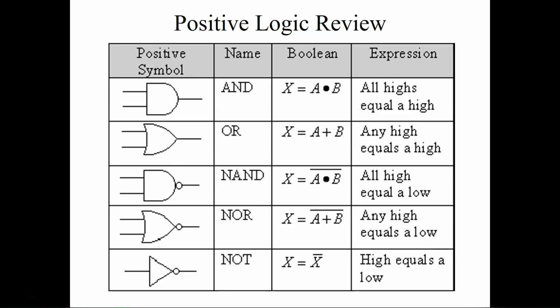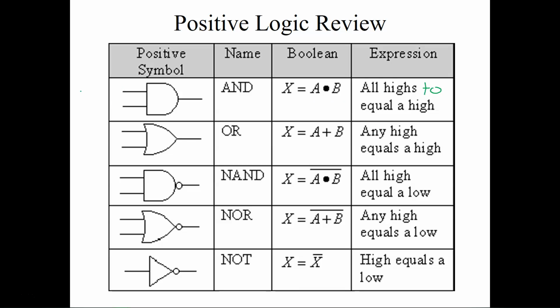All right. So positive logic, kind of just doing a review here. So the positive symbol is an AND symbol. So all highs to equal a high. I'm going to add that in. You have to have all highs to equal a high.